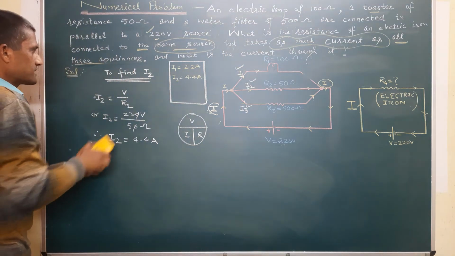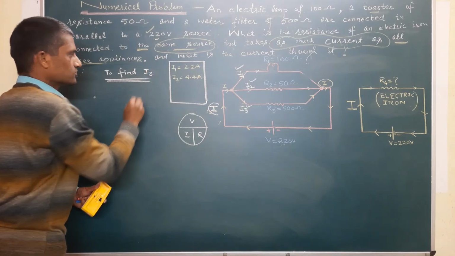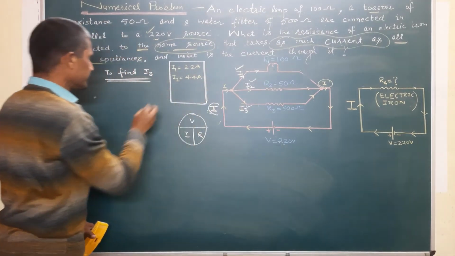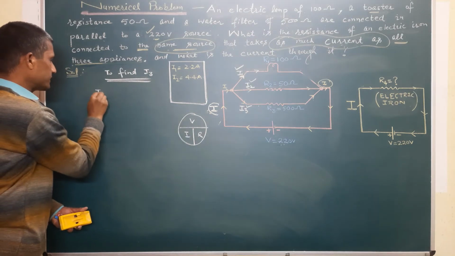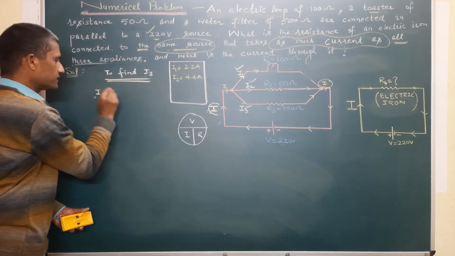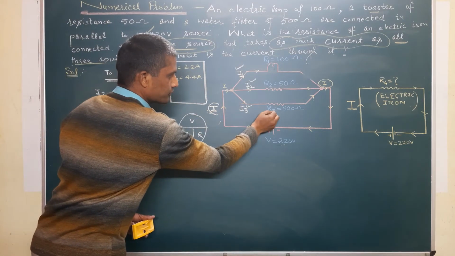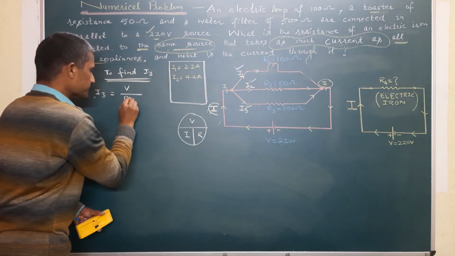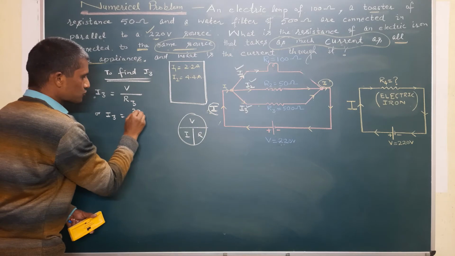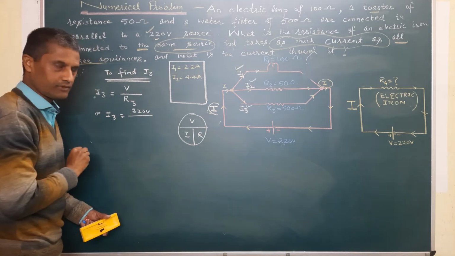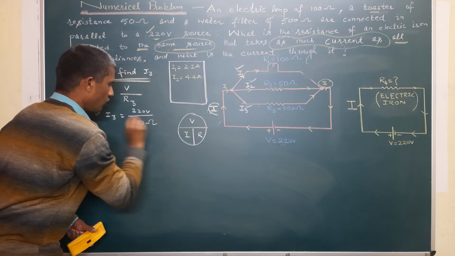Now time has come to find out I3, with the same technique: I is equal to V upon R. By Ohm's law, I3 is equal to V upon R3, the resistor through which I3 flows. V is 220 volt and R3 is 500 ohm.